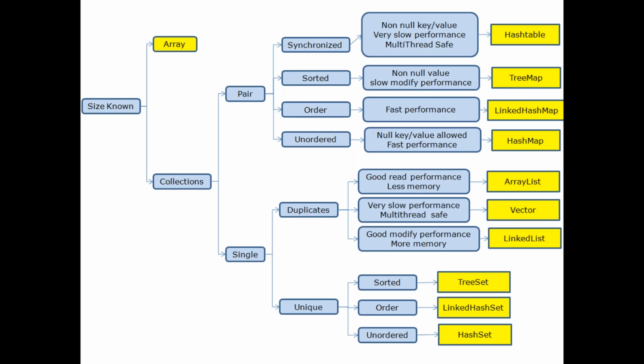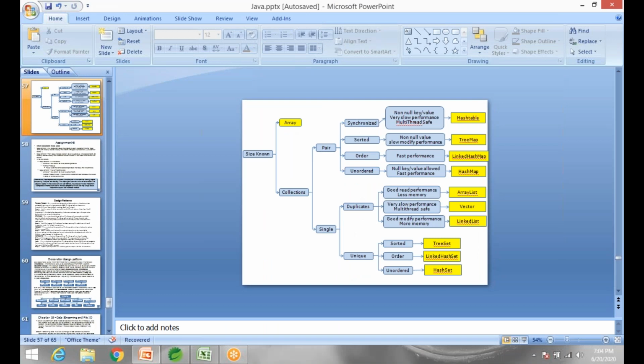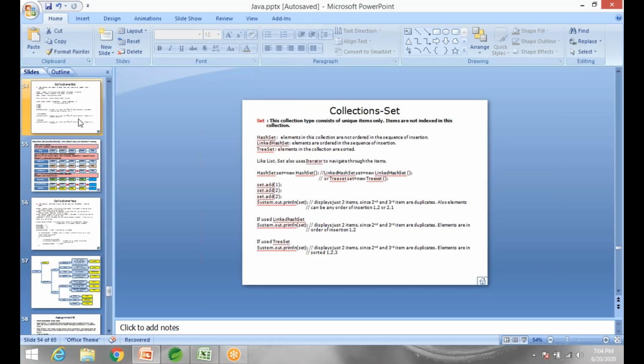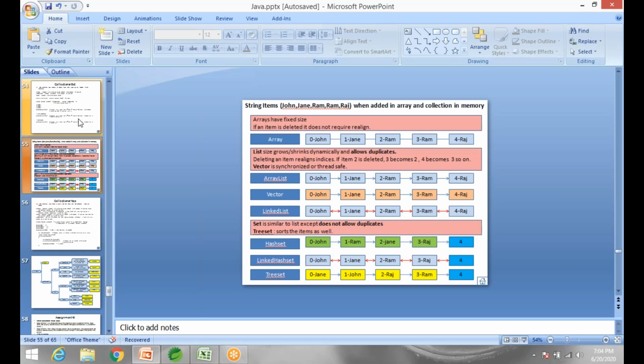Okay. Now, in comparison with list and set, who is faster? Look at what they do and then guess. In comparison with list and set, who is faster? List. Yes, but why?